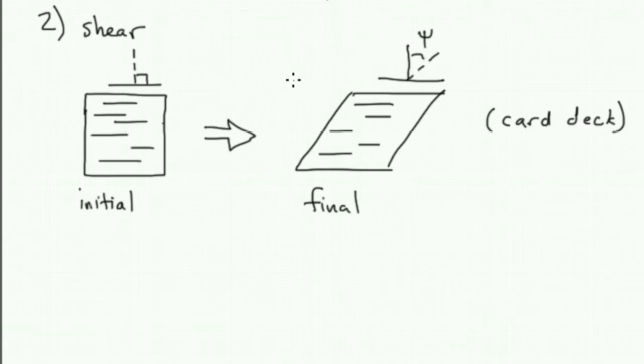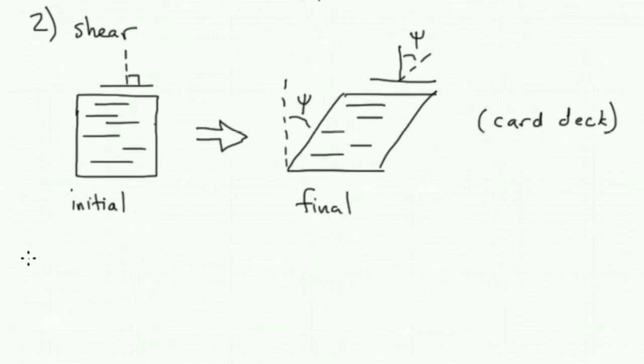We could also imagine a perpendicular line here. That's also psi. So gamma is equal to the tangent of that angle psi. We call gamma the shear strain.